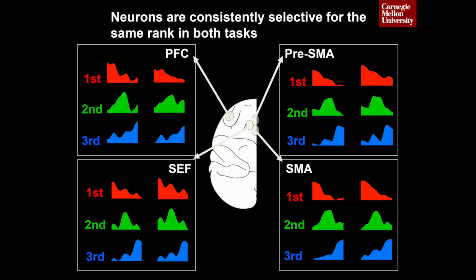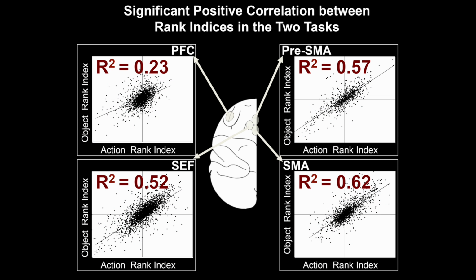That was the area SEF, but we found that there is a high degree of concordance across two serial order tasks in rank selective neurons in all of the areas that we studied. We quantified the degree of concordance by computing in each task the measure of selectivity for a given rank a given neuron has. And now we can plot the rank index, which is the measure of selectivity in the object sequence task versus the action sequence task.